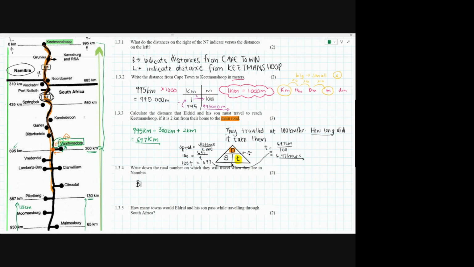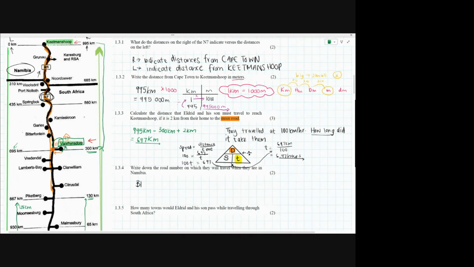1.3.5 asks how many towns did Aldred and his son pass through while traveling through South Africa? So now we need to count the number of towns along his route. Again, remember, from Van Rensdorp to Keetmanshoop.